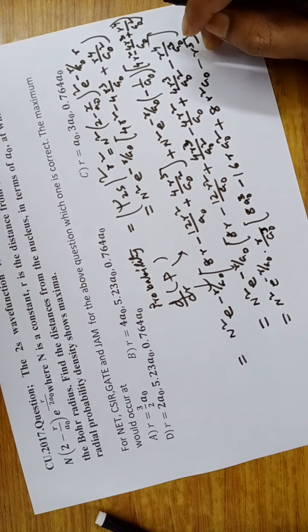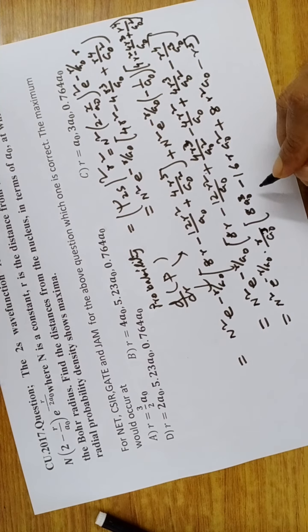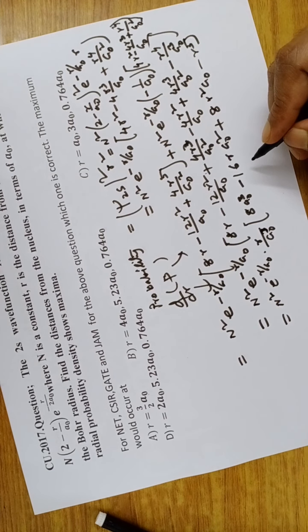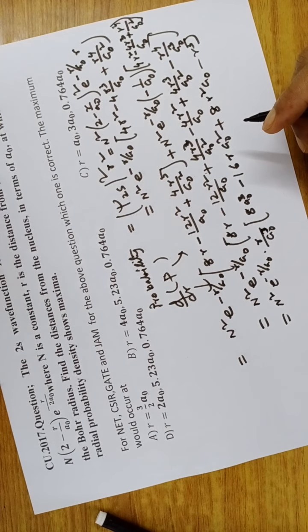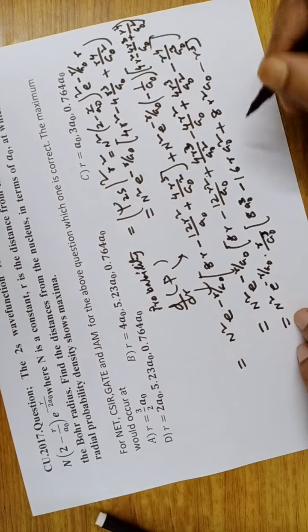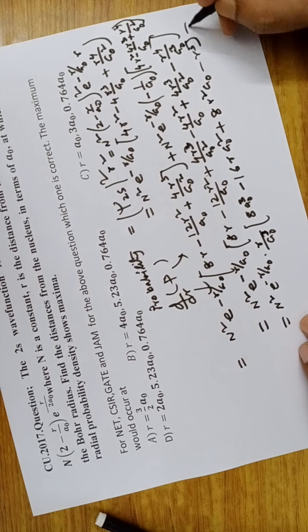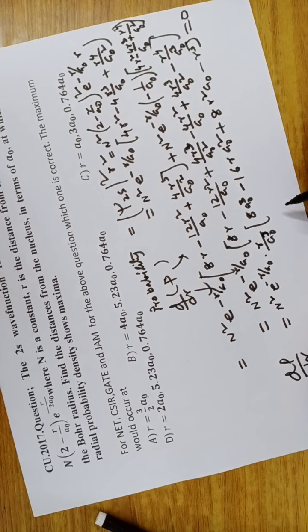Okay, then what happened? This is a very big problem. So at maximum this will be 0, or dP by dr will be 0. Now this is equal to 0.